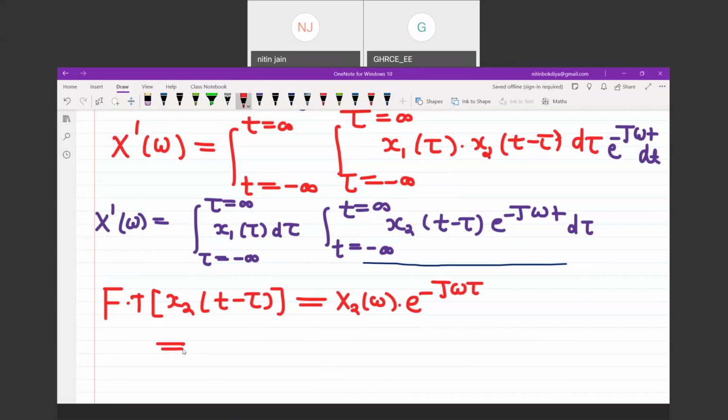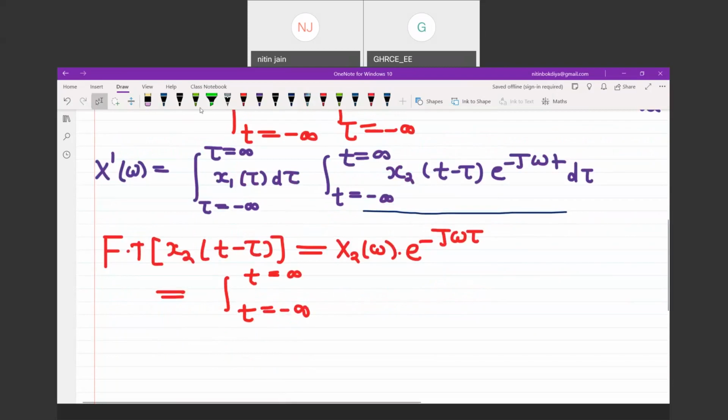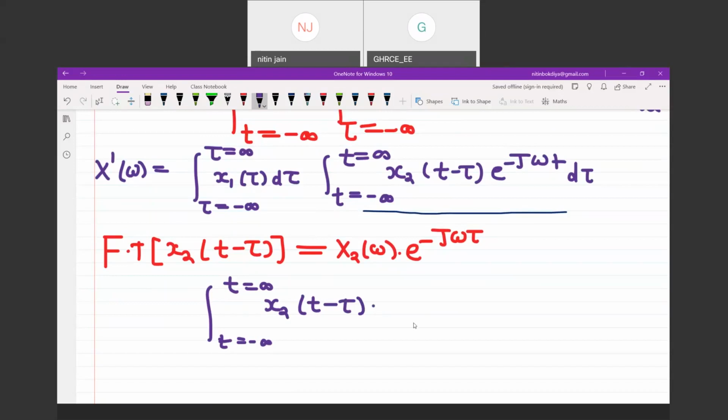Or we can write like this: the integral from t equal to minus infinity to infinity of x2(t minus tau) into e to the power minus iota omega t, dt.